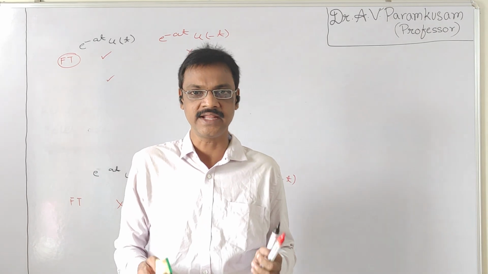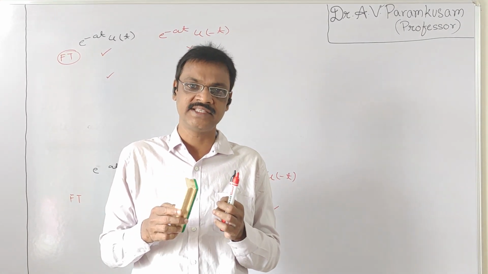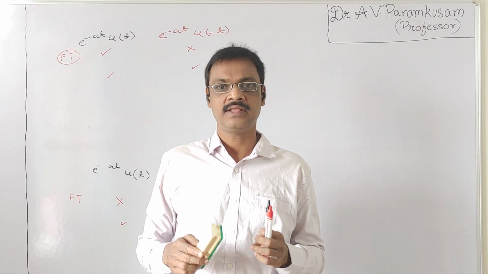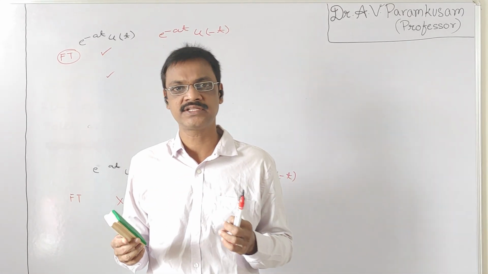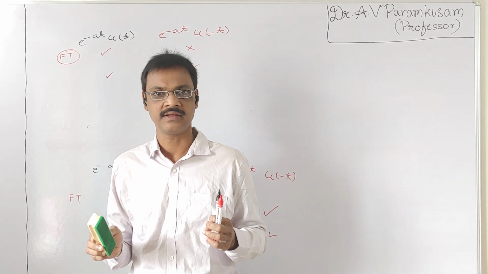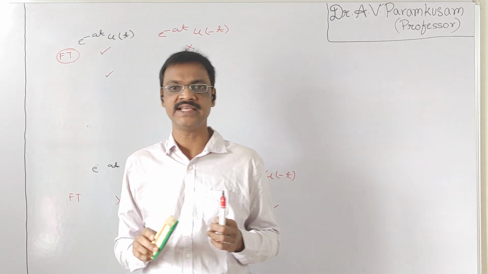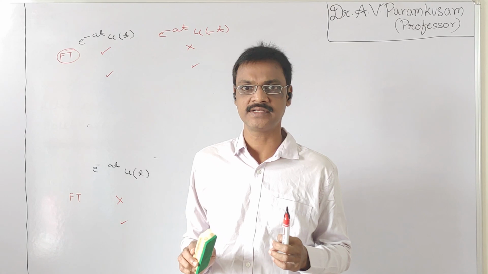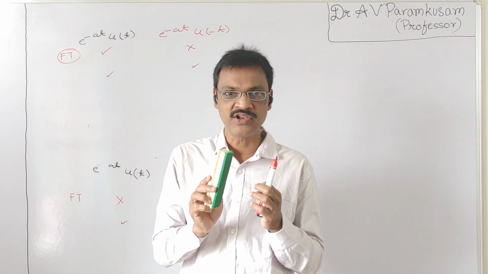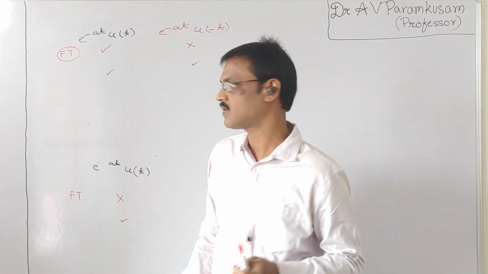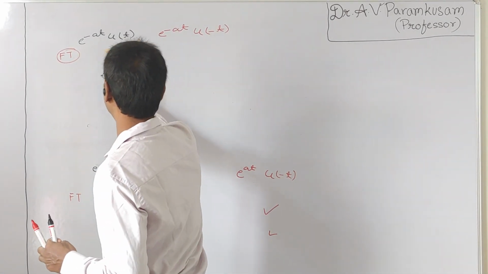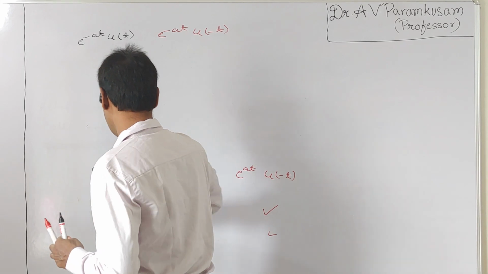The Laplace transform exists whether the Fourier transform exists for that signal or not. That doesn't matter. But the Laplace transform exists for all classes of signals, but only at some values of s. Those values of s are given by the region of convergence.